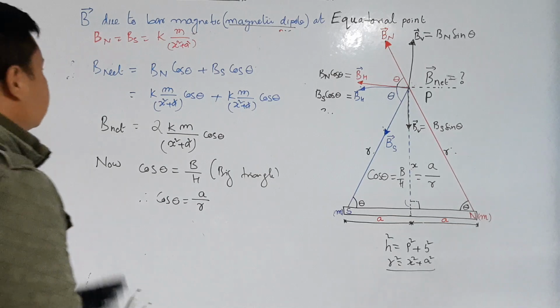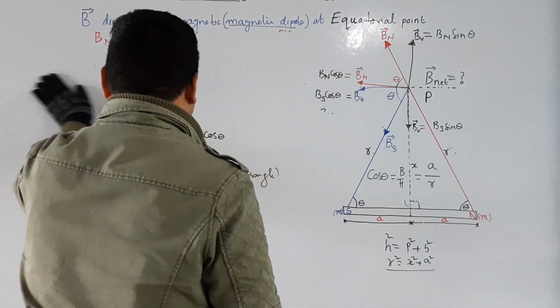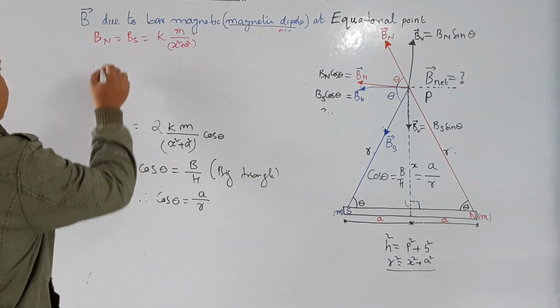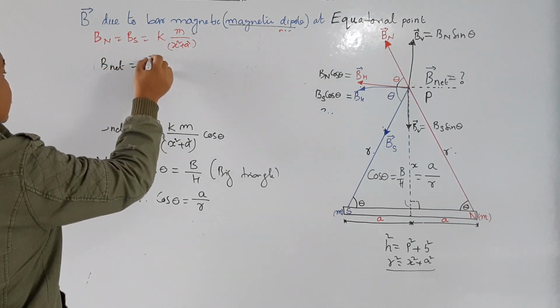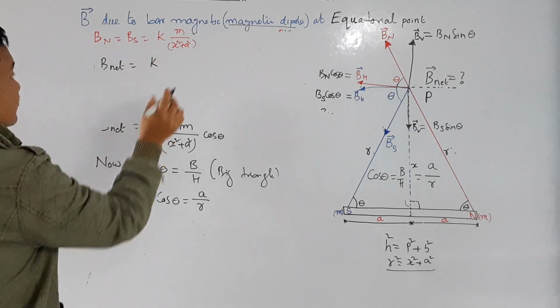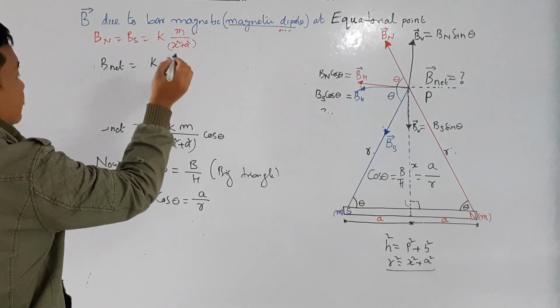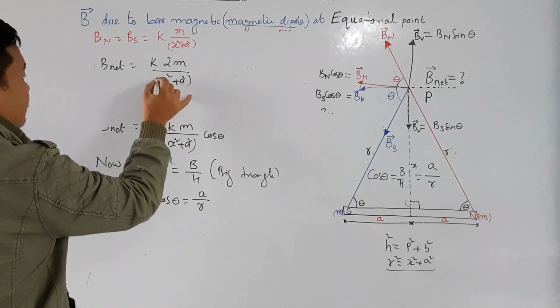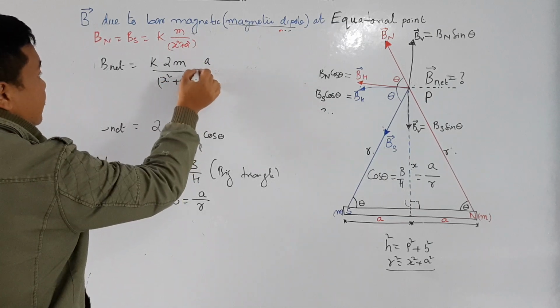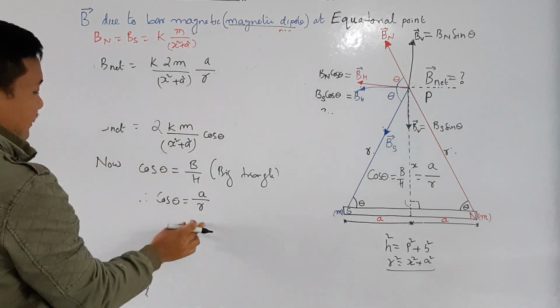Now we can write this B net is equal to k, 2m I am writing here, divided by x square plus a square, and there is a divided by r.